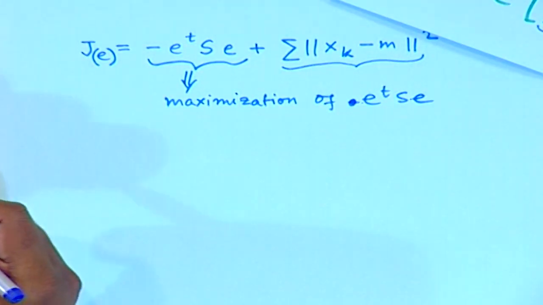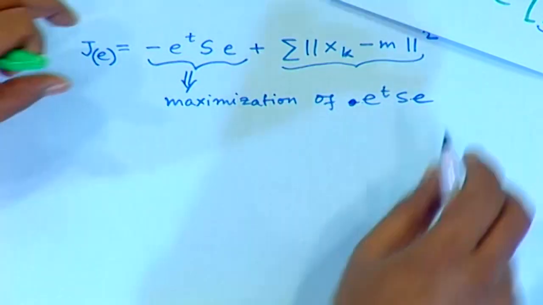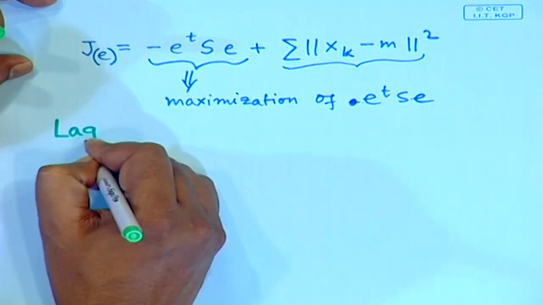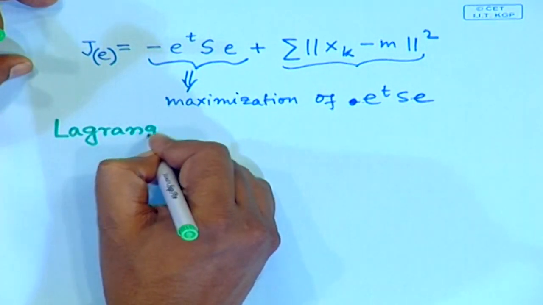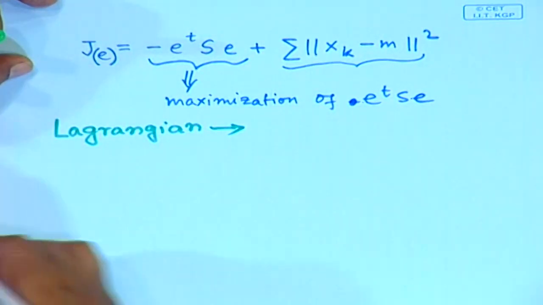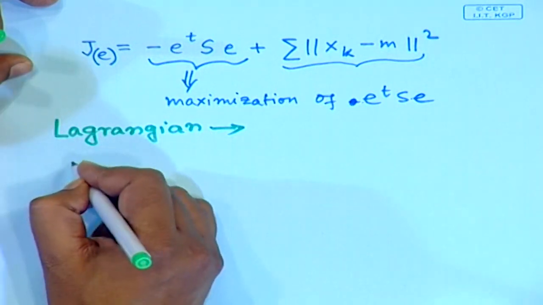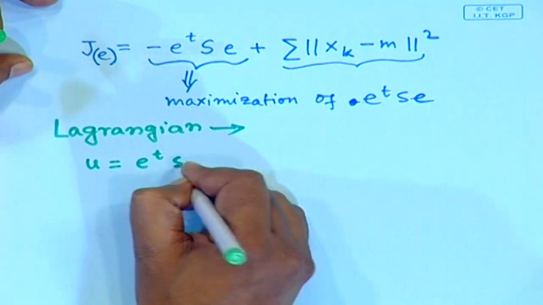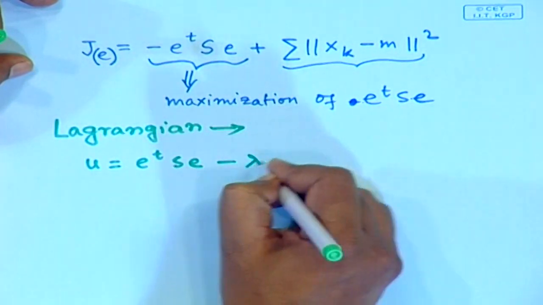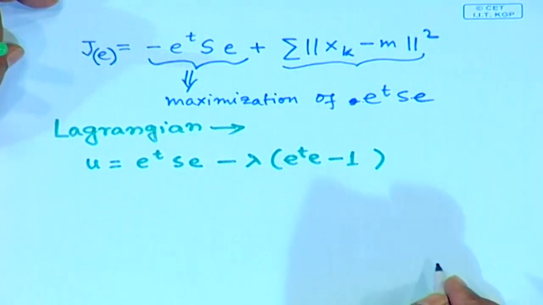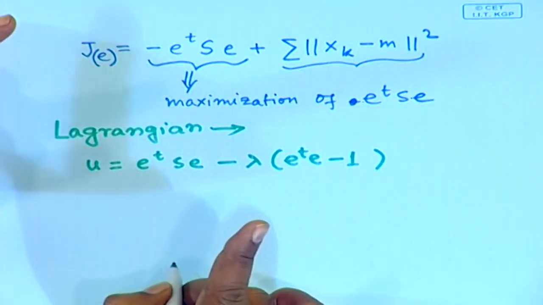For this maximization, if I make use of Lagrangian, I can have an expression of the form U is equal to E transpose SE minus lambda (E transpose E minus 1). So, I have to maximize this using Lagrangian subject to the constraint that mod of E is equal to 1.